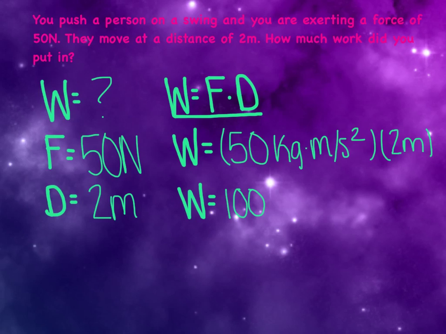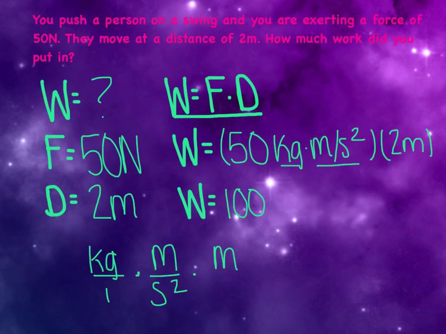And then for the unit, you want to do the same thing. So since kilogram is by itself, you want to put that over 1, and then put your multiplication sign, and then you want to put meters over seconds squared, since that is what that means, and then times meters over 1, since meters right here is all by itself.